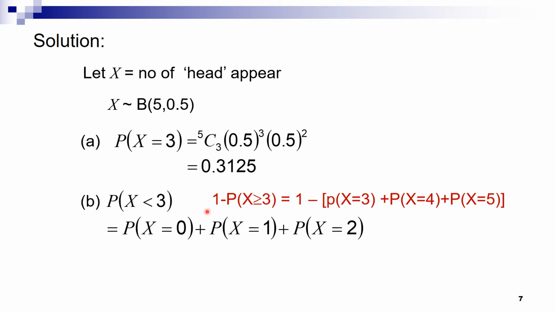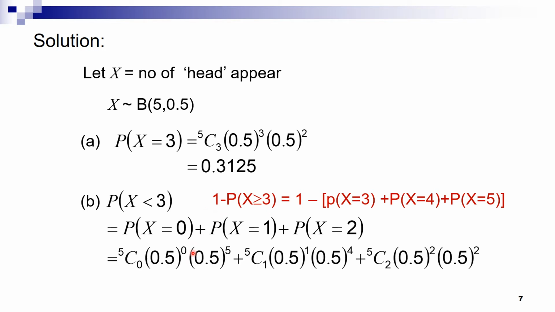Okay, so it's going to be tedious. Now substitute into the formula. Your r is 0, your r is 1 in the second one, and your r is 2 for the third probability. So you calculate. Okay, this is P(X = 0), P(X = 1), P(X = 2). You have the probability as 0.5.